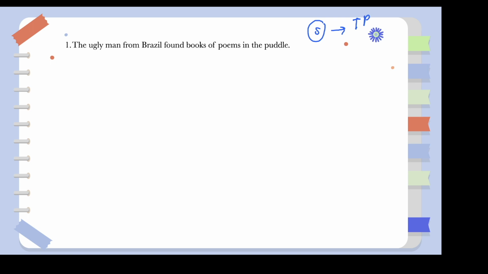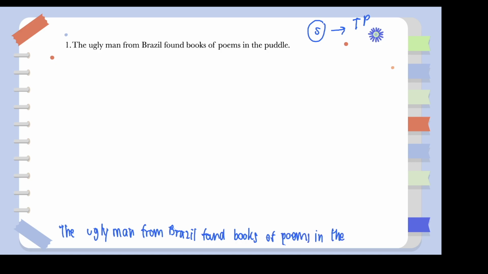The sentence is: "The ugly man from Brazil found books of poems in the puddle." Okay, let's get started. "The ugly man from Brazil found books of poems in the puddle."